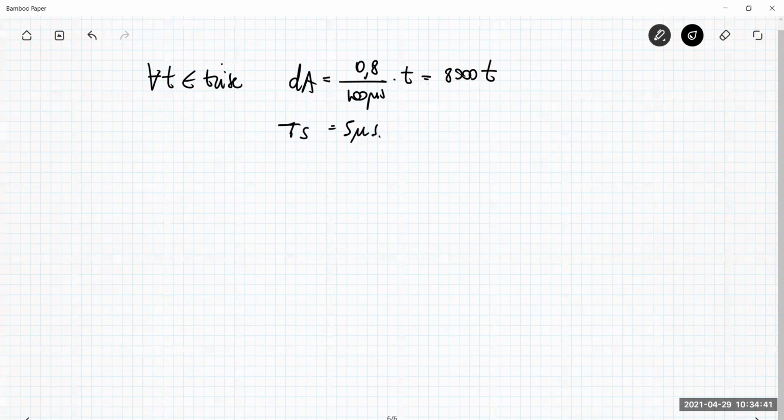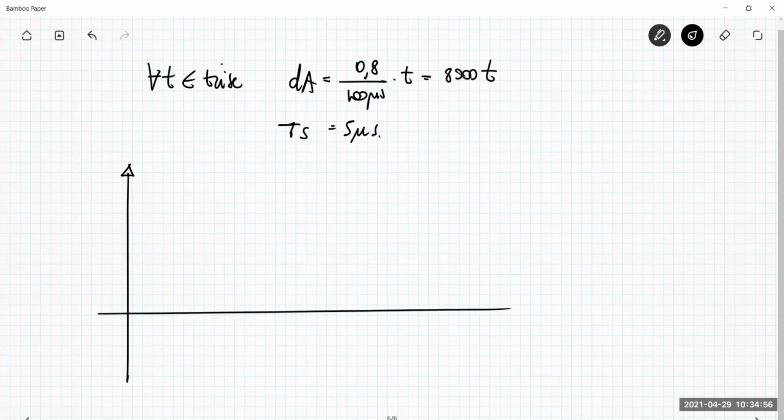And so what about the current behavior? Let me put this in a graph just to simplify what I'm saying.